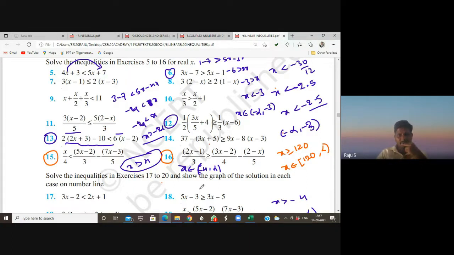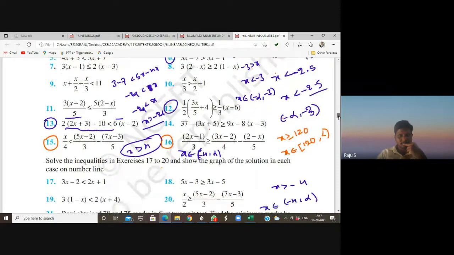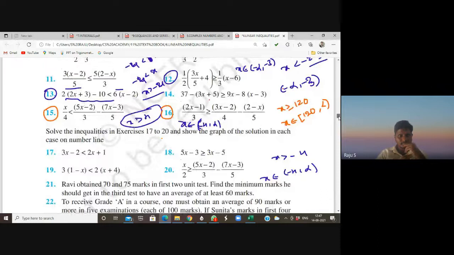If I ask the question to a particular person. Take LCM and take all x values to one side, remaining numerical values to the other side.